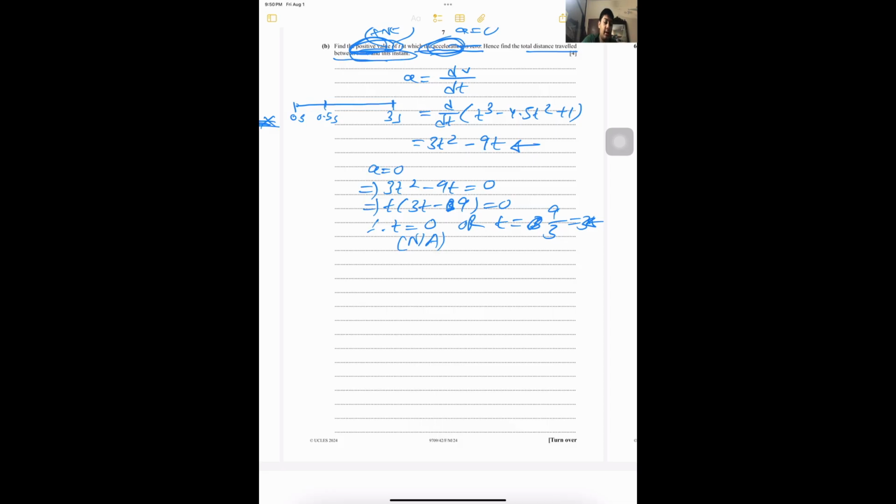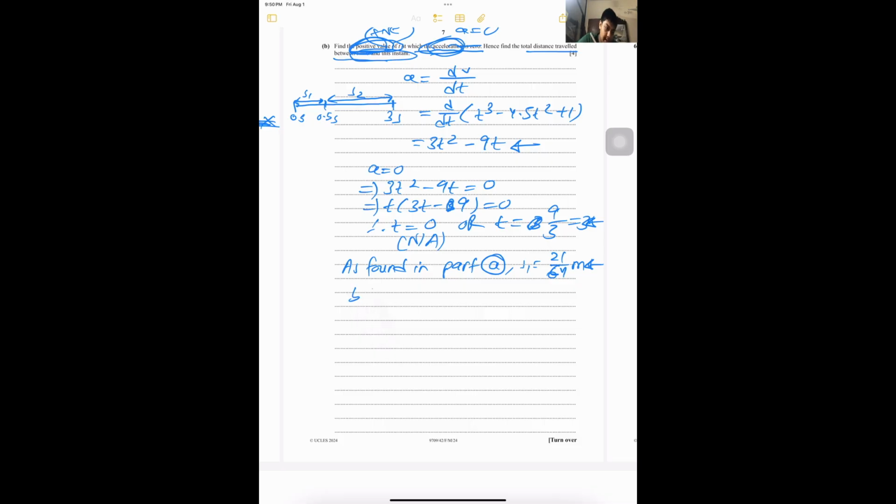Here it did. The best way to solve this type of question is to find two distances, S1 and S2. We have already found S1 in part A: S1 equals 21 by 64.